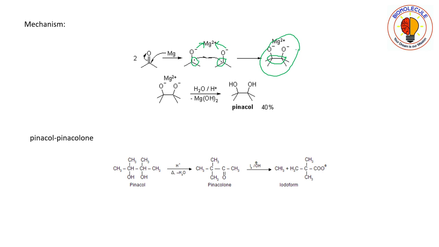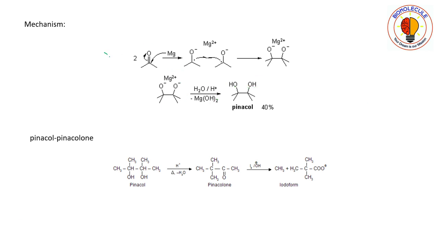And further acidic hydrolysis will give you pinacol. This O minus will take up one proton, and similarly this O minus will take up another proton, and you will get the diol, that is pinacol.